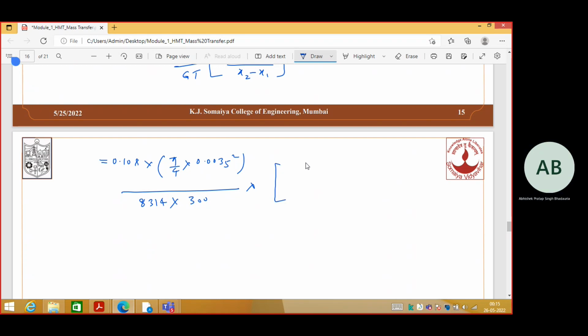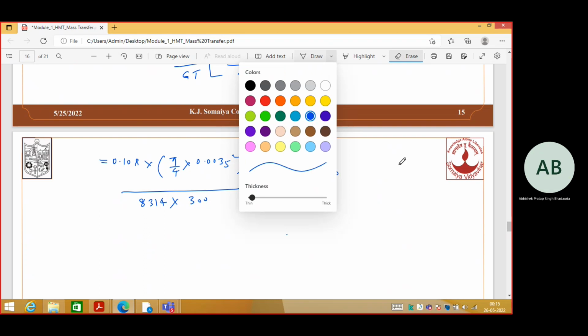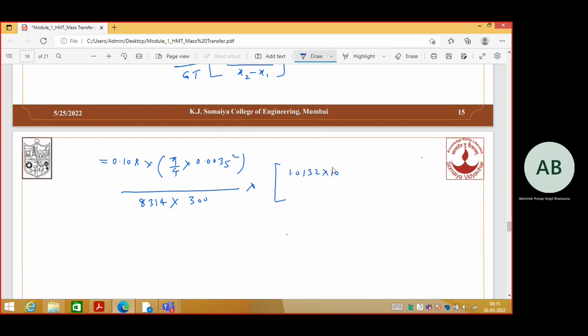So PA1, that is 1.0132 into 10 to the power 5, minus 0, divided by 25. Put the values, we can calculate.